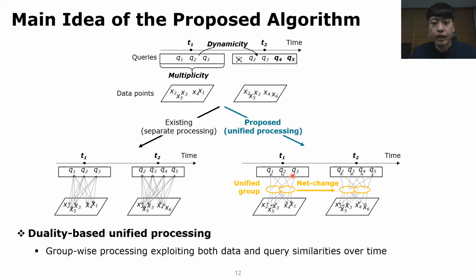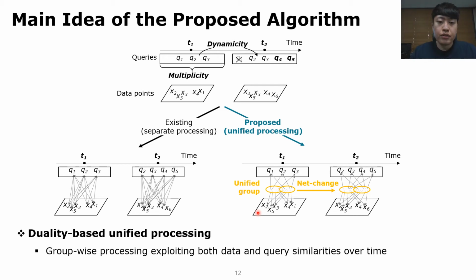At the same time, as time goes, the query set is changing and data points are also changing. So we update only the minimum information for each unified group, which is called the net change of the unified group. And we update only the minimum information needed to answer each query and data pair. This main idea is called duality-based unified processing. There is a duality in grouping similar queries and similar data points and processing the data and query pairs in a unified way.